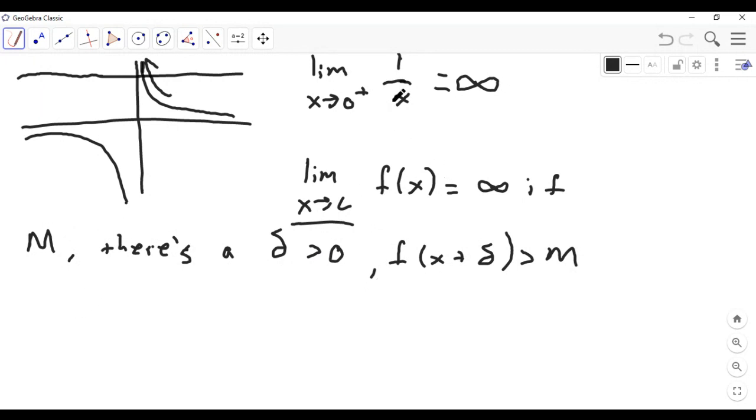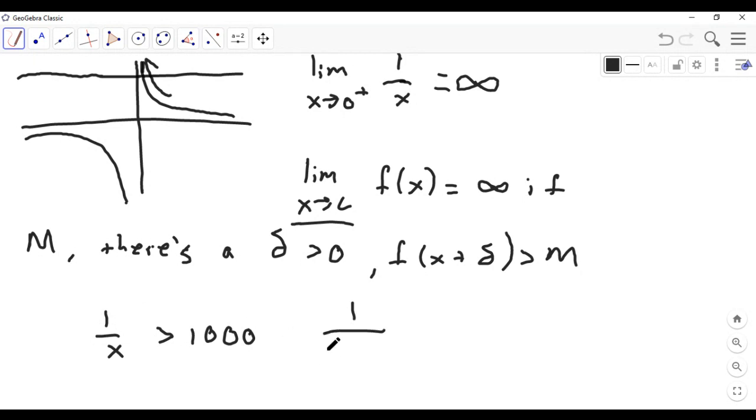So for instance, if we just took this 1 over x, and we wanted to say, well, I'm picking an m equal to 1,000. So I want to show that there's a delta so that I can get 1 over x to be bigger than 1,000.